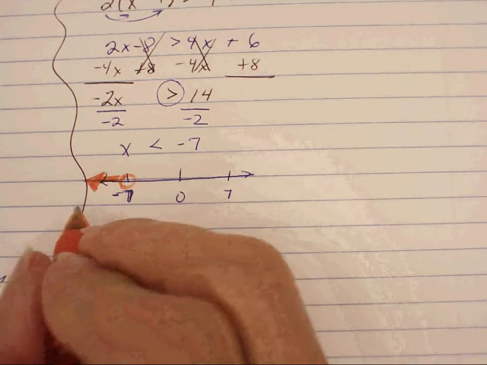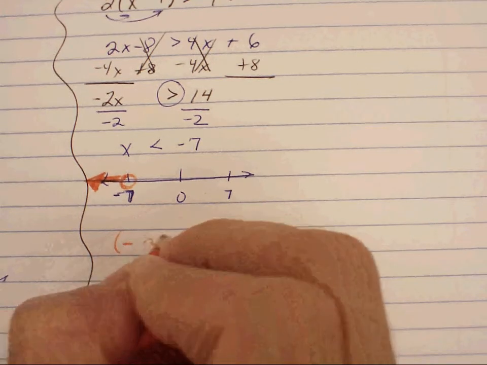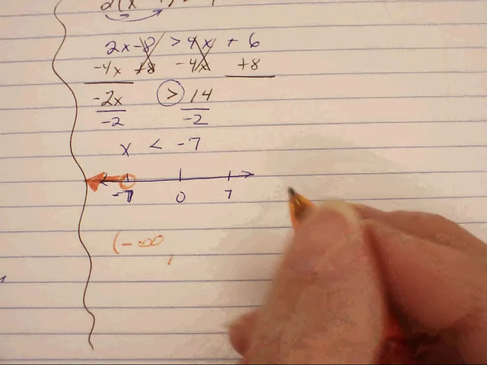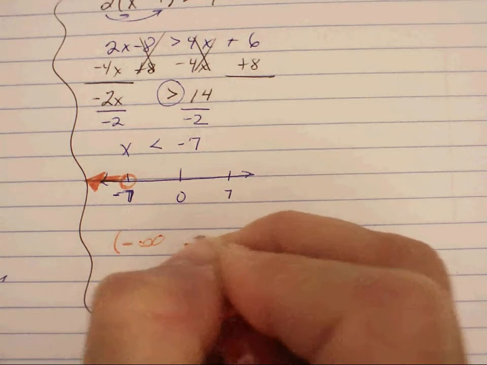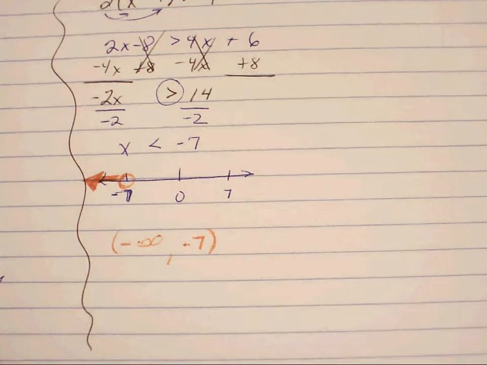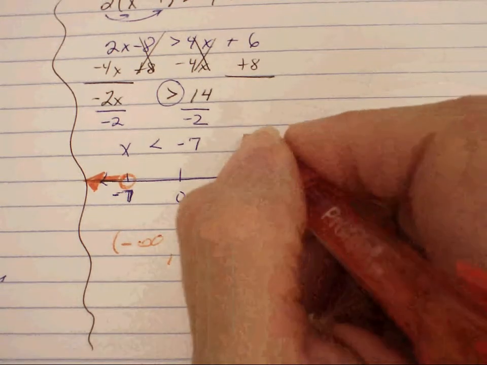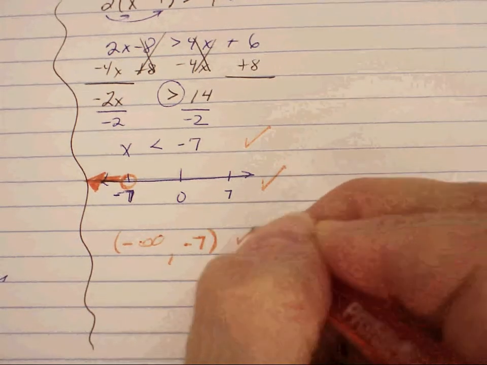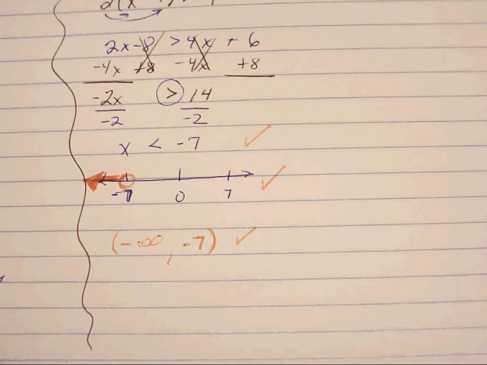Open or closed circle, Blake, at -7? Good, open. Says we're going less than, so we shade that. And changing it to interval notation simply means reading left to right that we'd run into negative infinity first. It always uses a parenthesis if you are going to negative or positive infinity. -7 this time uses a parenthesis, but it could be a bracket.